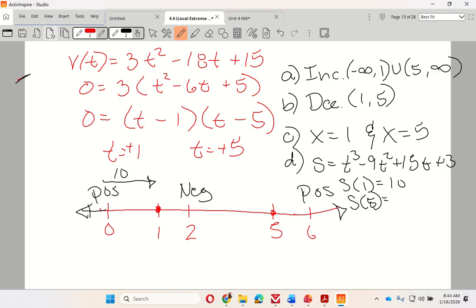So right here, my position now goes to negative 22.